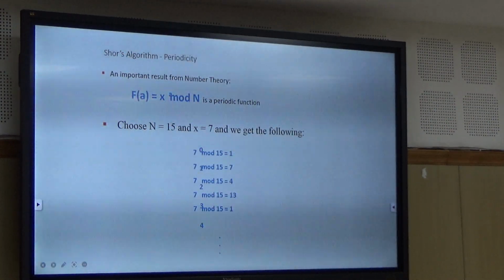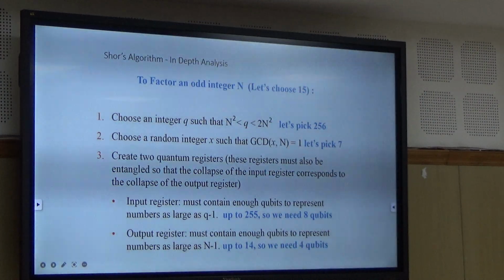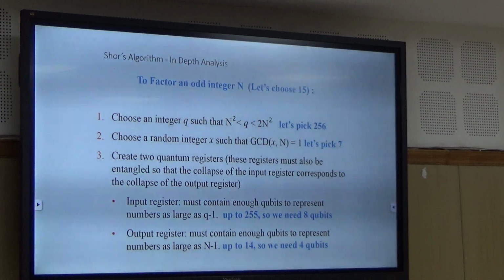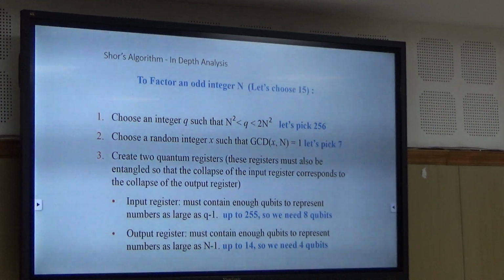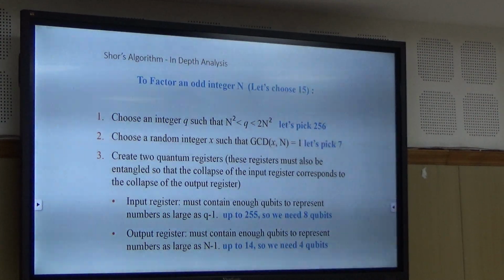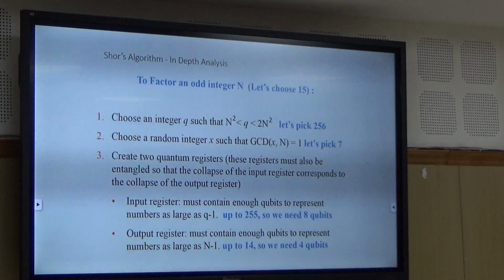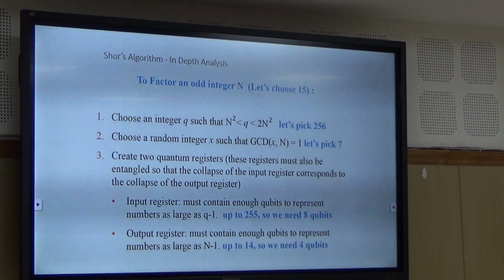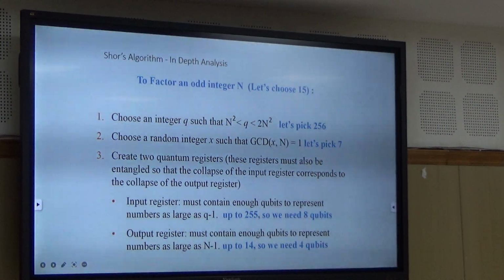So what we are talking about, one person was asking me. So basically the integer key lies between n square and 2n square. So you have a peak around 256, but as per the rule, the input register must contain q minus 1, what I told. So it becomes 255, 256 minus 1.